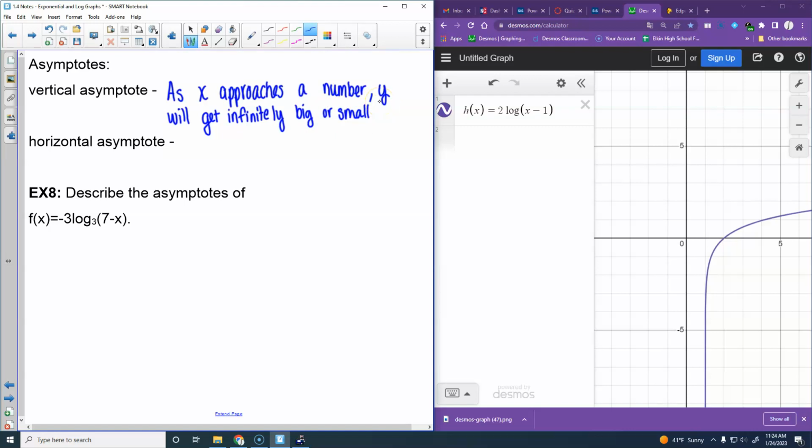Small being negative numbers. So vertical asymptotes are those vertical lines. As we get closer and closer and closer to that line, we see that either we go down to negative infinity or up to positive infinity there.